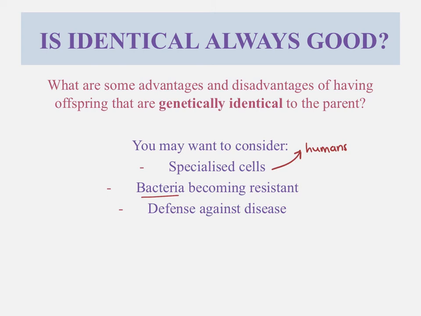So looking at how this binary fission makes the identical cells in bacteria, and defence against diseases, I would like you to think about that in terms of plants, and specifically crops and farming. Okay, so spend a little bit of time thinking about those. Pause this, use your books, use your phones, use your iPads, use whatever, and then play again when you're ready.